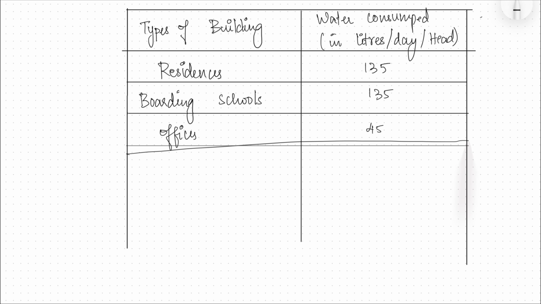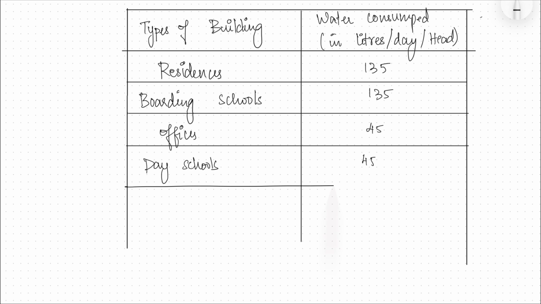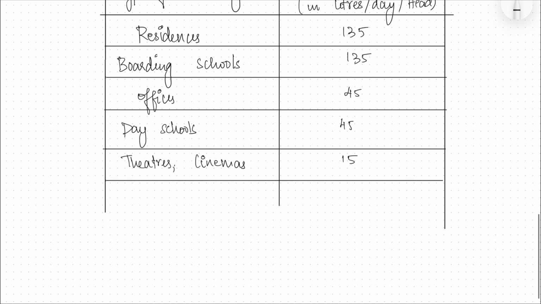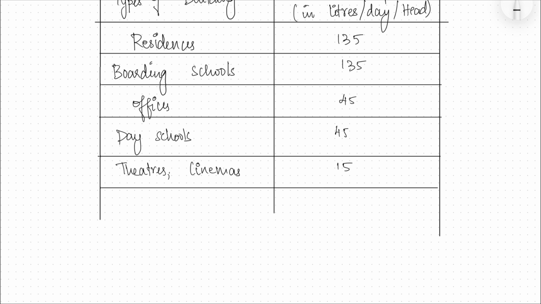and your day schools, they also use 45 liters. Then we have theaters, cinemas, all those places. They use 15 liters per day per head. And then we have restaurants which use 70 liters. And then we have hospitals.